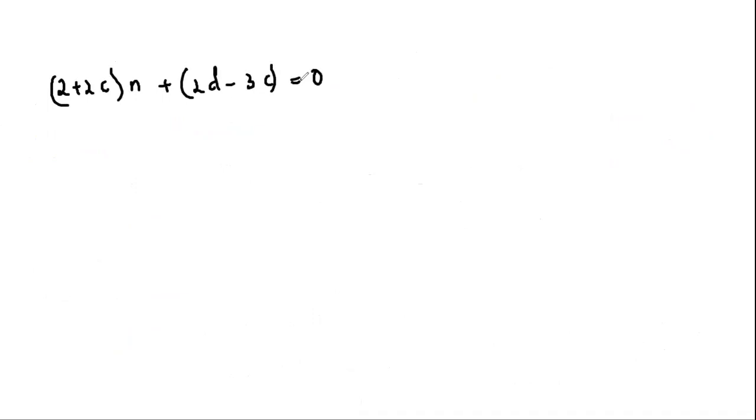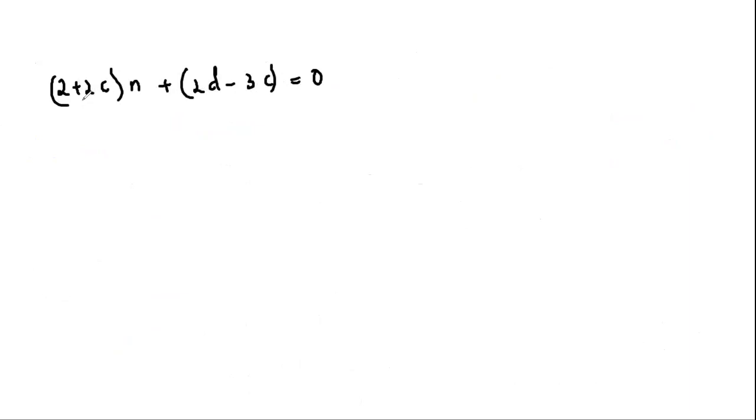If you remember, c and d both are constants. We took Cn plus d, n is the term, c and d are constants. So if you look, this is the c part, this is also a constant, we are multiplying with n, and this is also a constant.